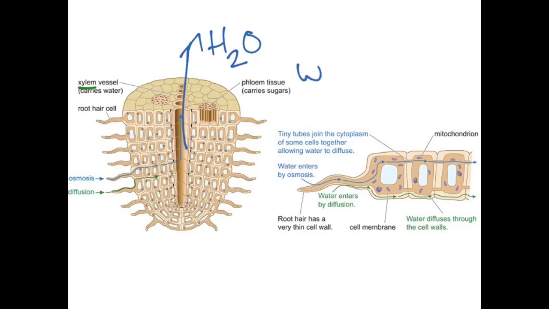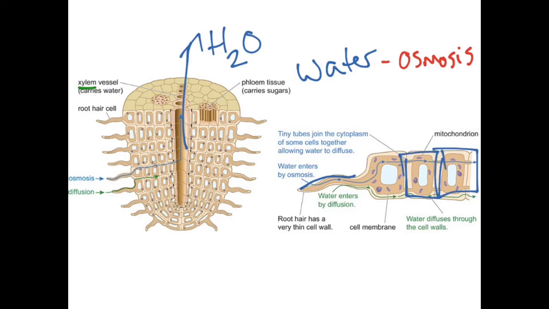So how does water get into plants? What type of cell transport is it? Well, it's osmosis. And what can happen is, if this is your root hair cell, and these are cells that are inside of the plant, water can enter this cell by osmosis, so it can go through the cell membrane and go into the cytoplasm of that cell, and that has to be osmosis.